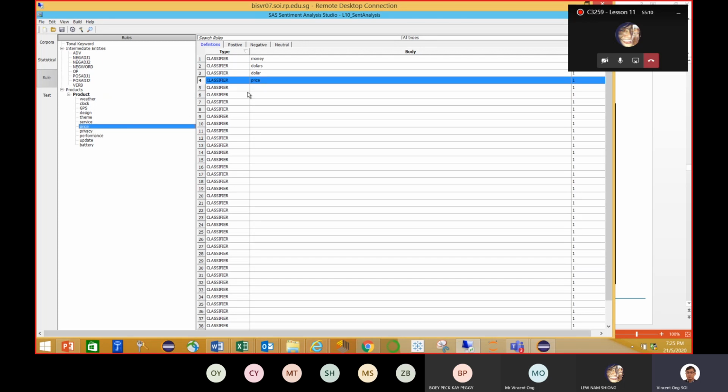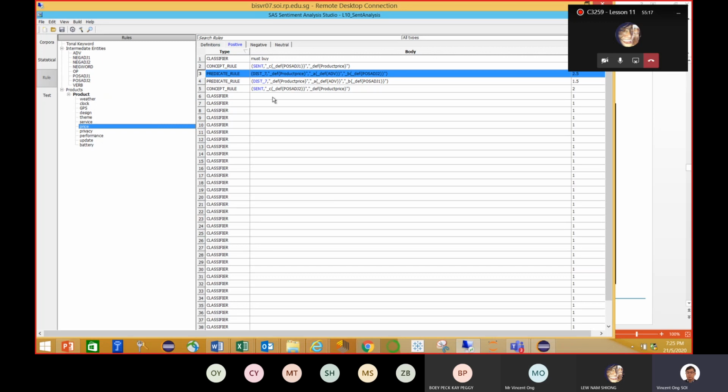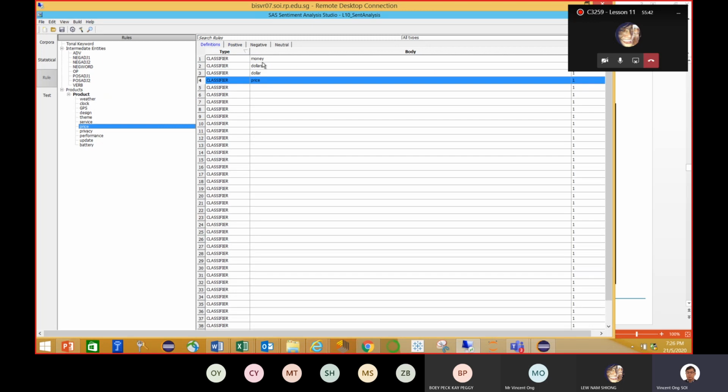Is it positive or negative for this feature? Then I define the positive pattern of this feature. The negative is defined. Can you see this is product price? Product price refers to this one, which is defined as any of these terms.